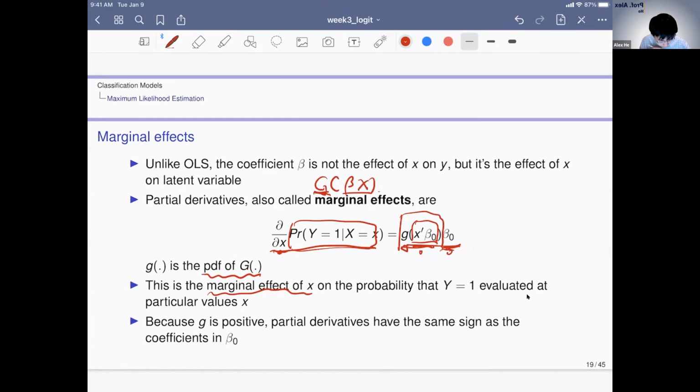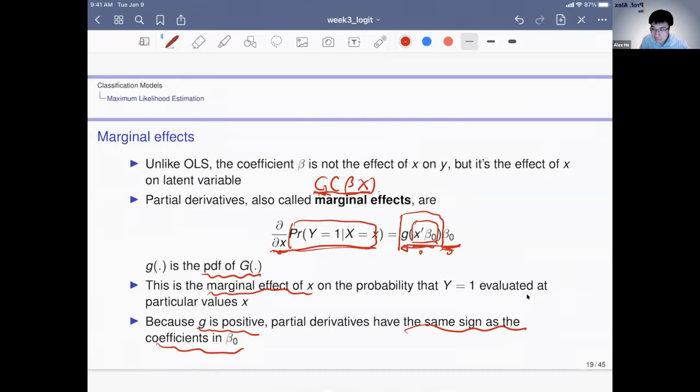And one observation here is that G is always positive, because the big G is an increasing function of x. So when you take the derivative with respect to beta x, that's always positive. And when you multiply a positive number by beta 0, the whole thing will have the same sign as the coefficient beta 0.